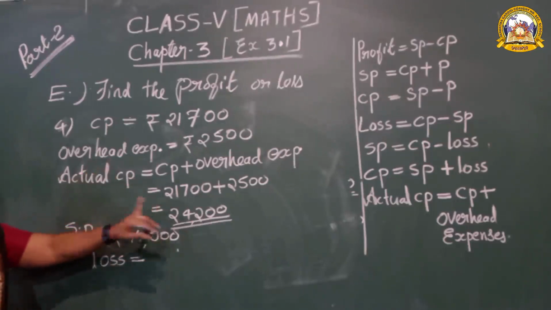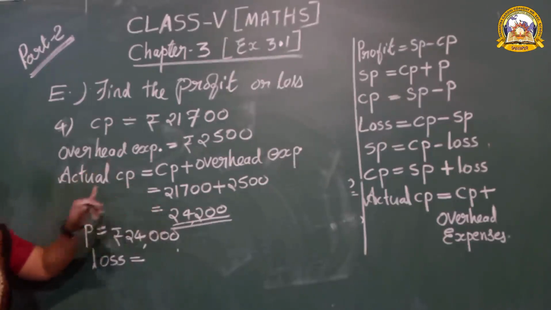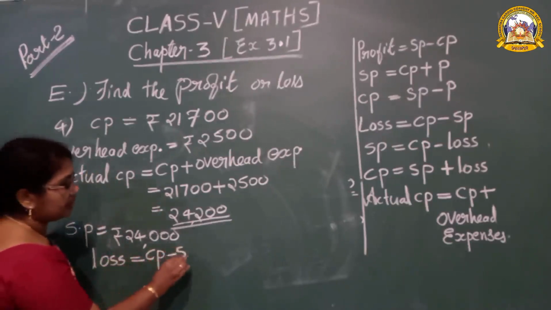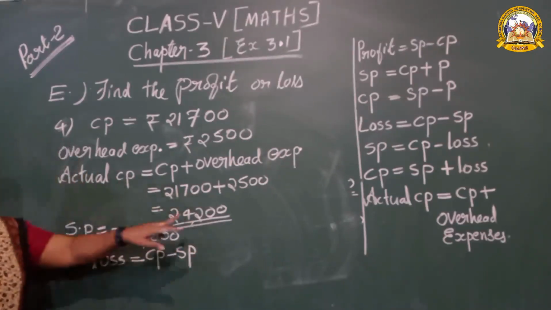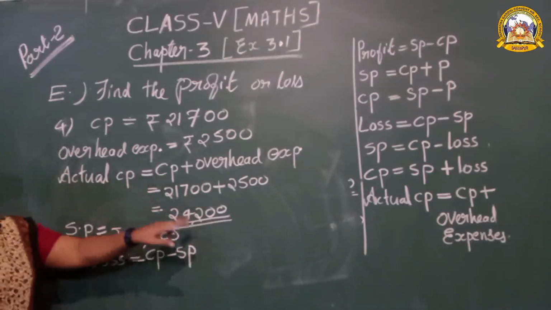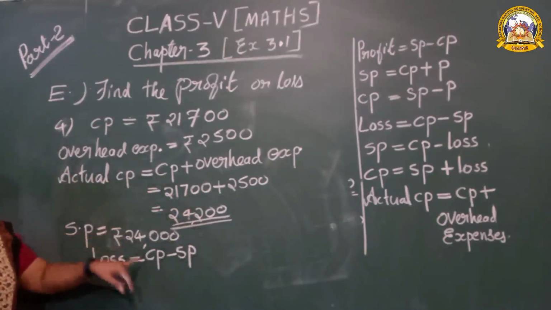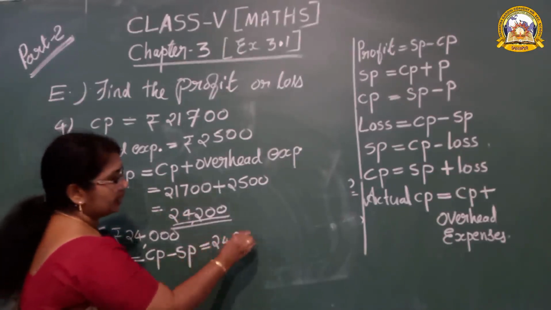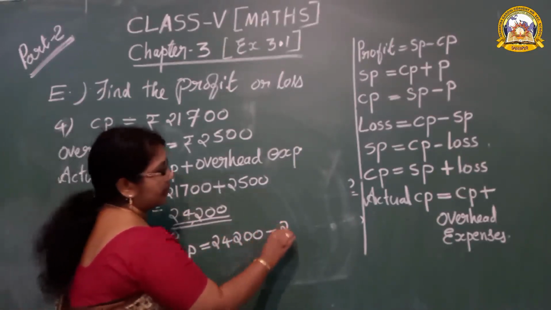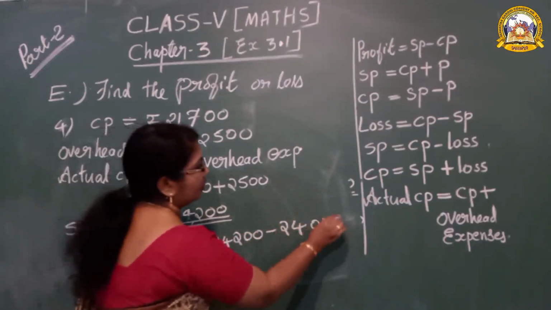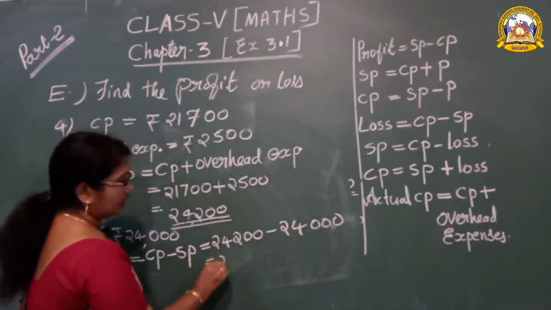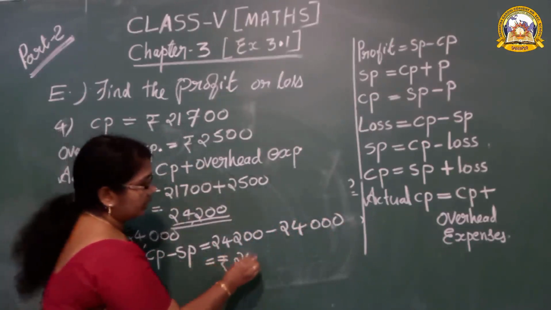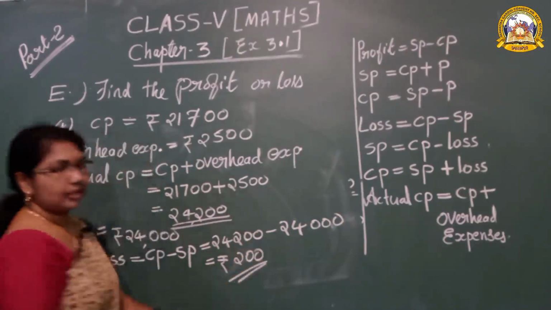So loss is equal to, what is the formula? CP minus SP. It is an easy method, just see which is greater. CP is greater, so CP minus SP. So 24,200 minus 24,000 is equal to rupees 200. 200 is the loss.